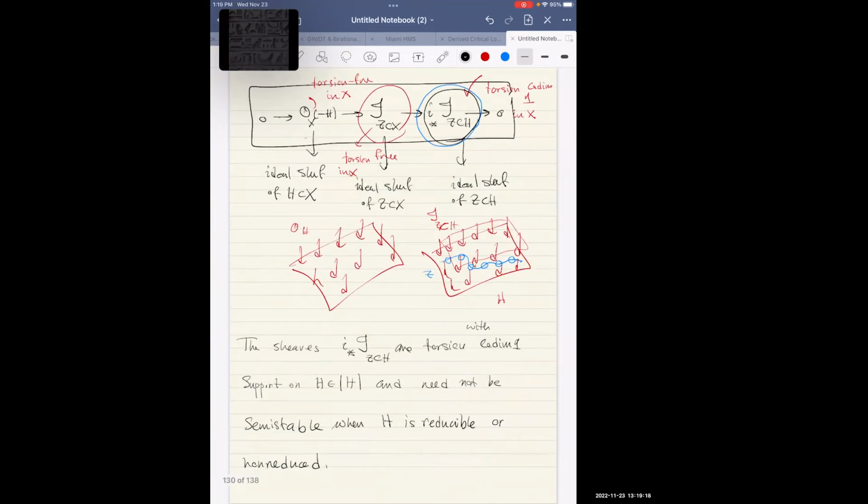So this is the short exact sequence that we obtained right here. O of X twisted by minus the ample divisor H goes to the ideal of the curve as a subscheme of X, goes to the ideal of the curve as a subscheme in H, pushed forward into the ambient variety. Okay, so that's what it is.